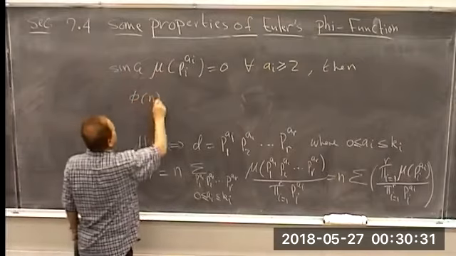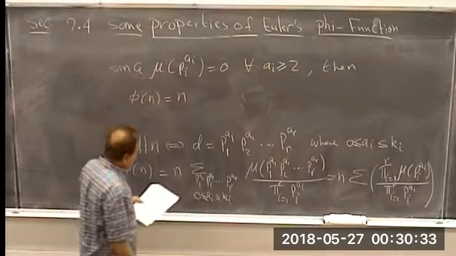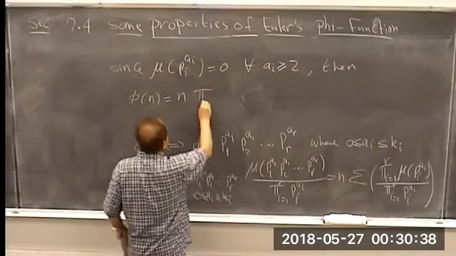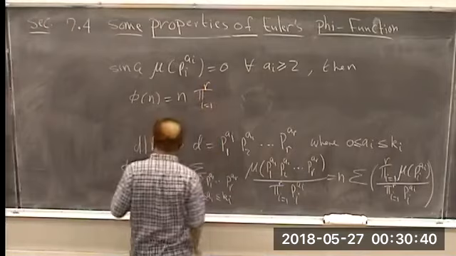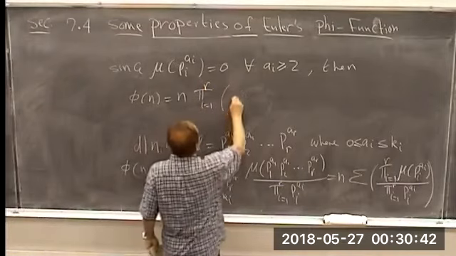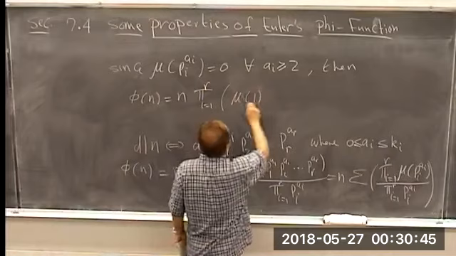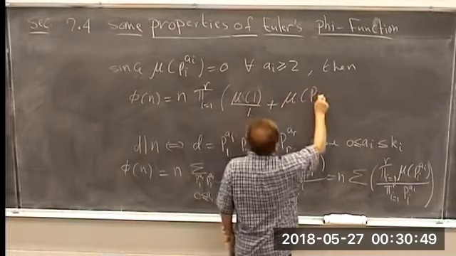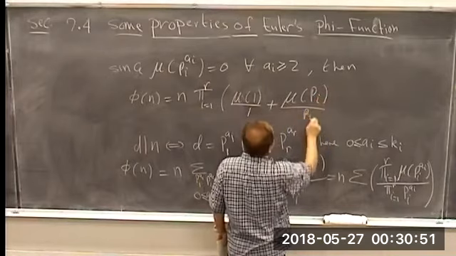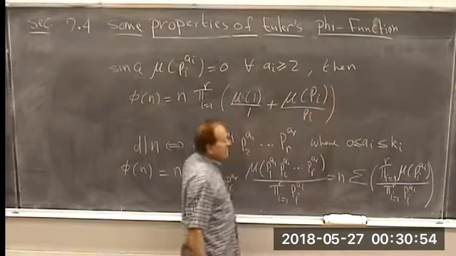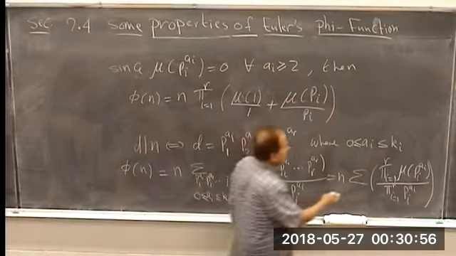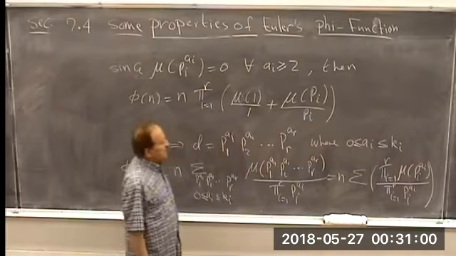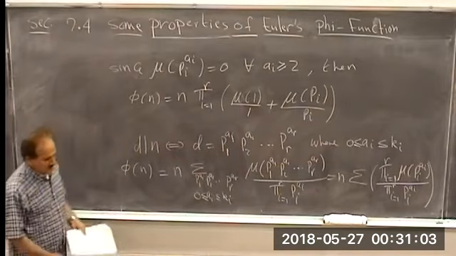Phi of n is going to be equal to n, and the product i equal 1 to r of mu of 1 over 1 plus mu of p sub i over p sub i. And that's it. Any other ones coming from here are going to contribute 0, nothing.